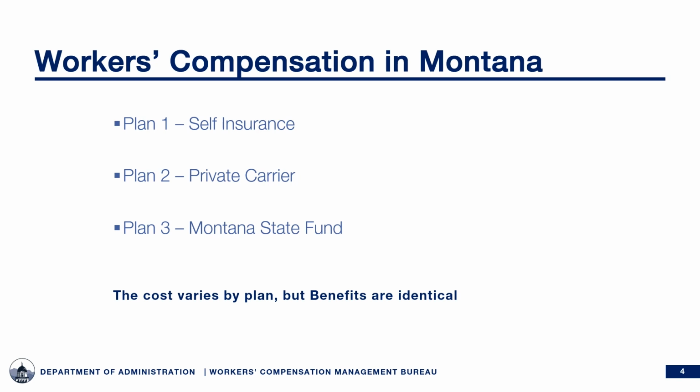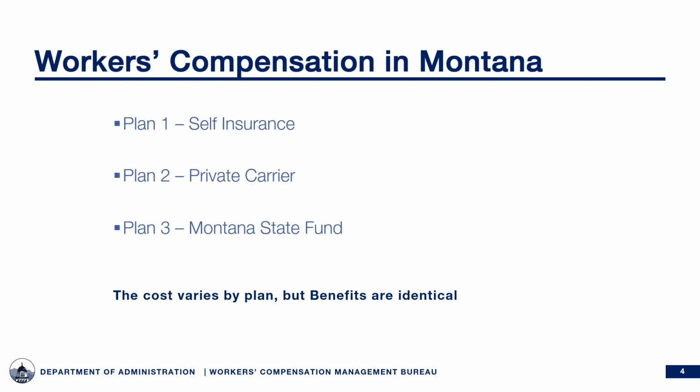Those are Plan 1, self-insurance. In this plan, the employer itself collects premiums from enrollees and takes on the responsibility of paying the injured employee's medical claims. The employer pays out-of-pocket claim costs for covered employees and assumes all financial risk.